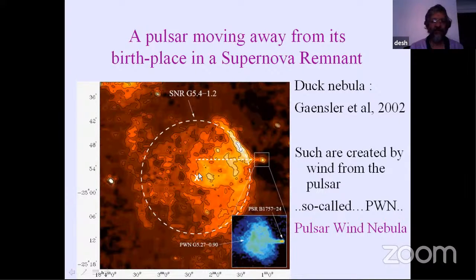Now that is not consistent with its being born at the center of this, and so there are questions and puzzles still to be solved, and it might make us wiser about what actually happens, besides the location of the pulsar that we see today, and how the shell remnant also evolves. So, for example, it could square well if the shell is anyway seen only partly, and the shell might actually have a center there. So things like that.